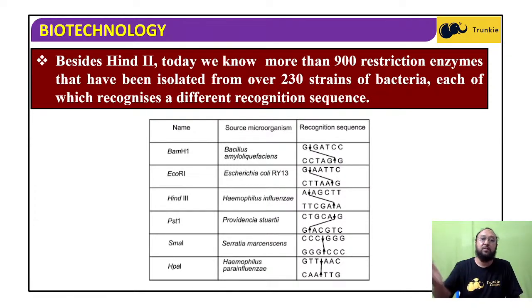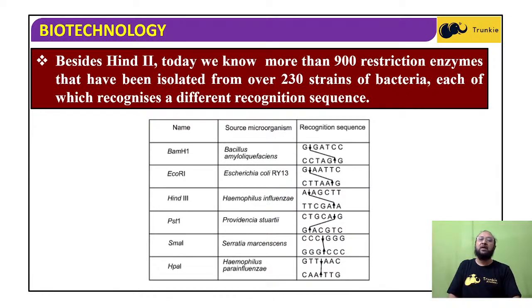PstI is another one, isolated from Providencia stuartii, and it also has its specific recognition site as given in the table. SmaI is another one, from Serratia marcescens, which cuts between cytosine and guanine. Another one is HpaI, from Haemophilus parainfluenzae.